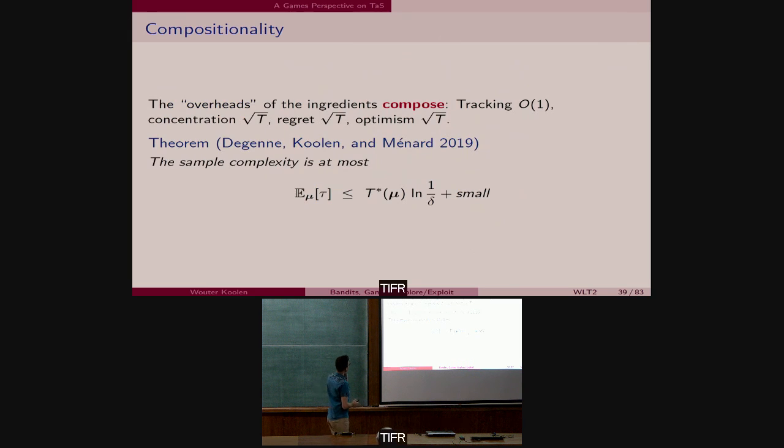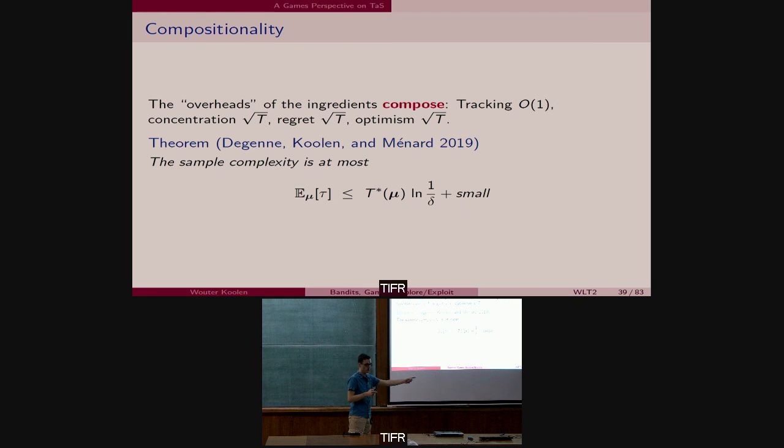Okay, so now let's try to do some proofs about all this contraption. I'm going to cheat and simplify, but I want to give you a high-level picture of what's going on. How I think about it is that there are a lot of things that have to be controlled simultaneously, right? There are the tracking things, the concentration argument to go from mu hat to mu.